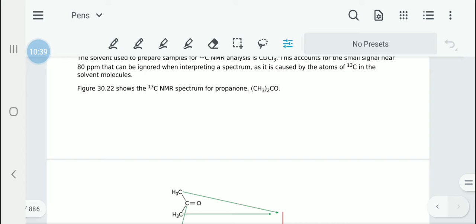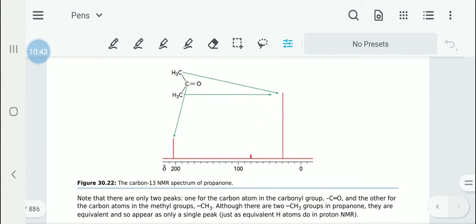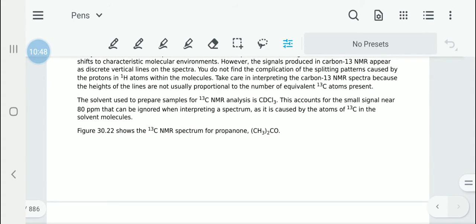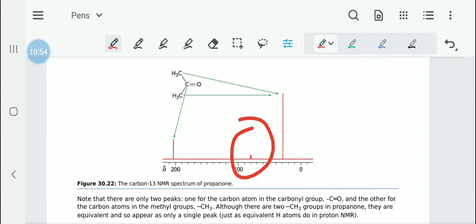That is because of the C13 carbons in the solvent molecules. As you can see here, it is close to 80 ppm. This shift can be disregarded, but only that. I hope you understood.